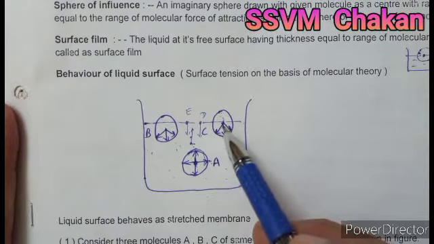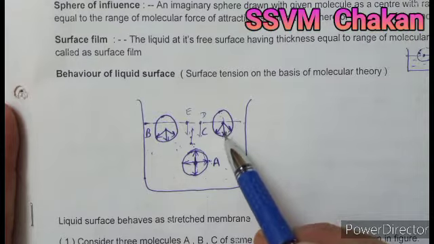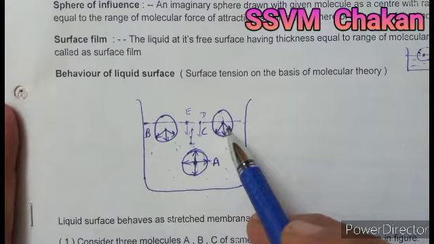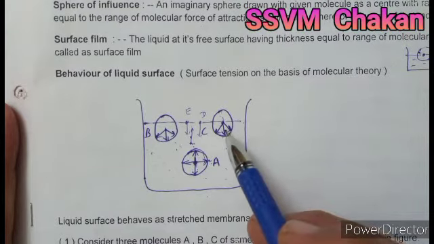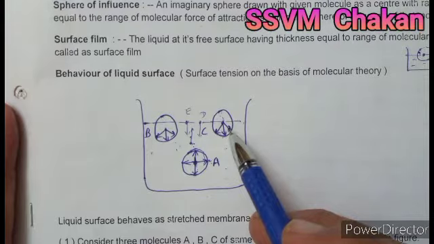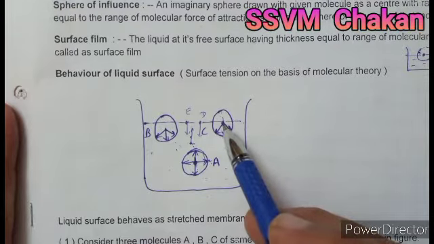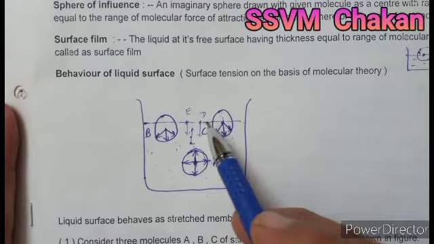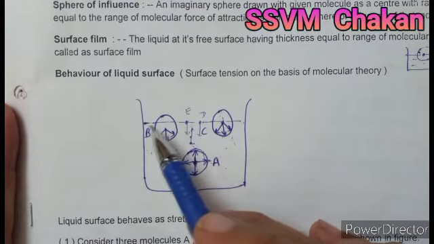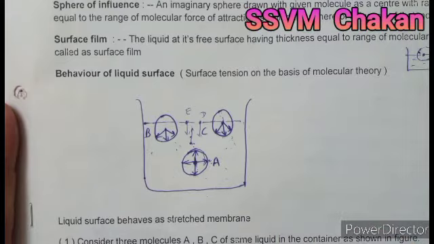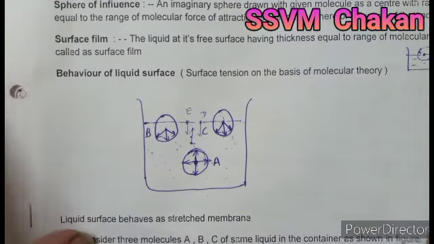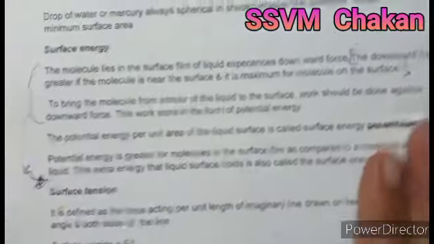Because of that, molecule C is pulled in the downward direction, and the surface of the liquid behaves as a stretched membrane because the downward pulling force acts on all the molecules present on the surface of the liquid. Now we see the next topic, surface energy.